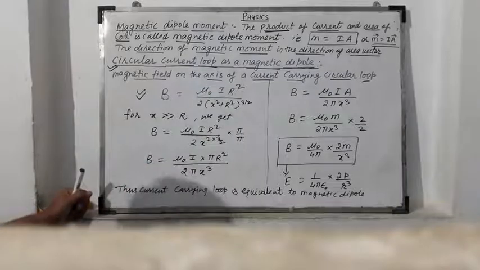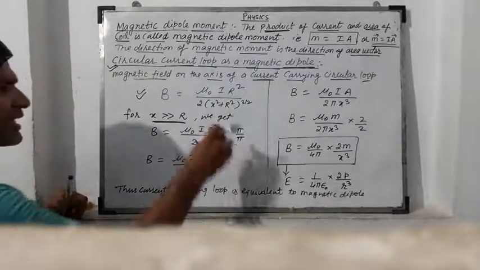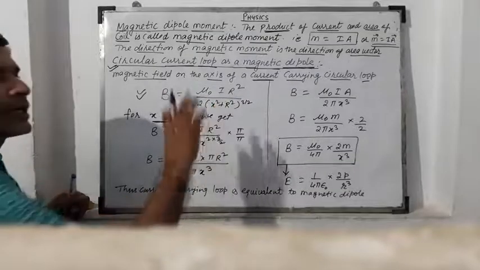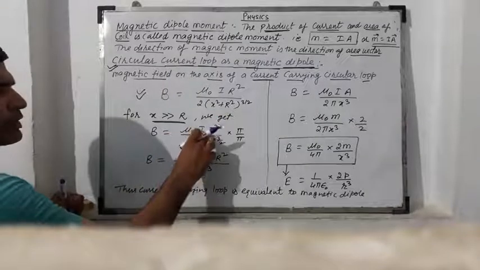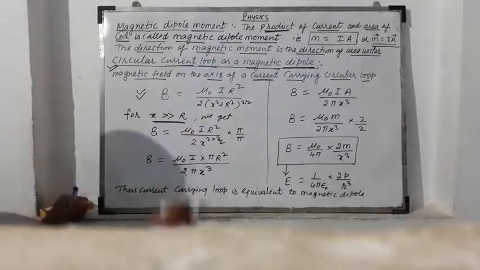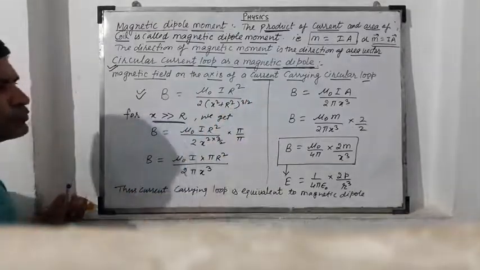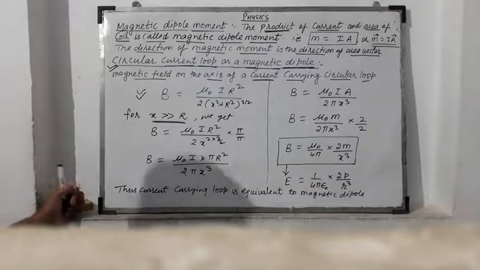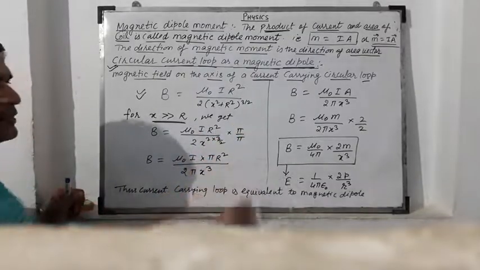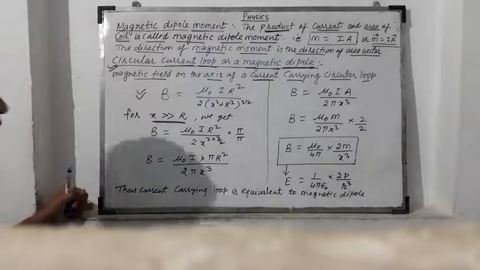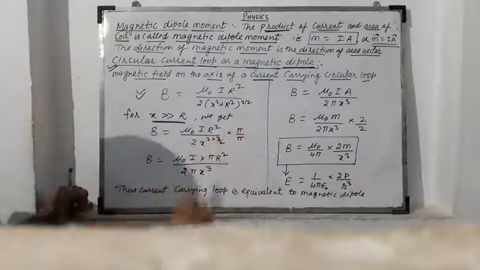For x much larger than r, we can neglect r square. Then we get B is equal to mu naught I r square upon 2 x square to the power 3 by 2. Now multiply and divide this equation by pi.